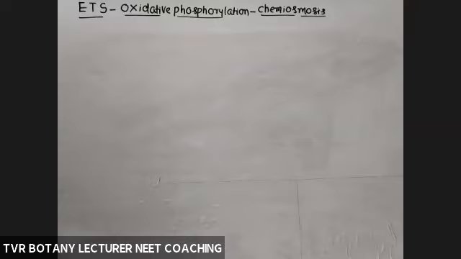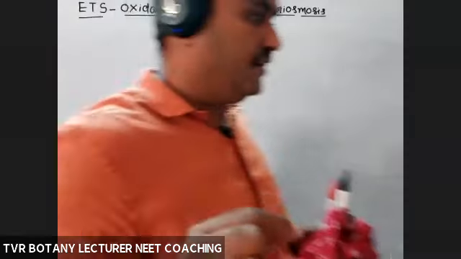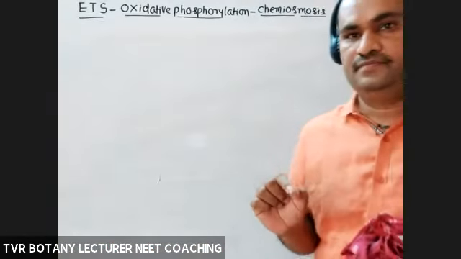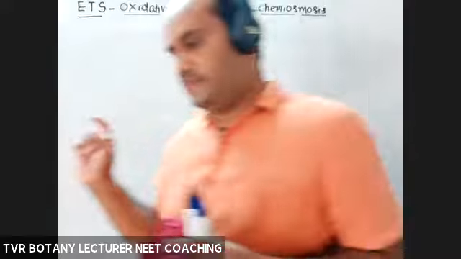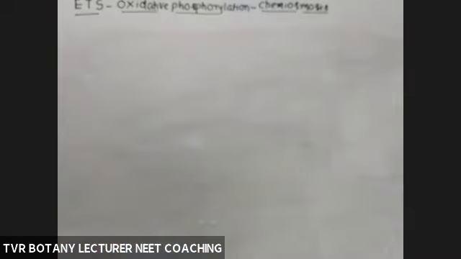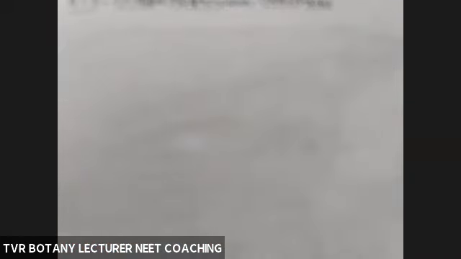And what about the occurrence of ETS for oxidative phosphorylation? If it is a eukaryote, that electron transport system is within the cristae region of the inner mitochondrial membrane.